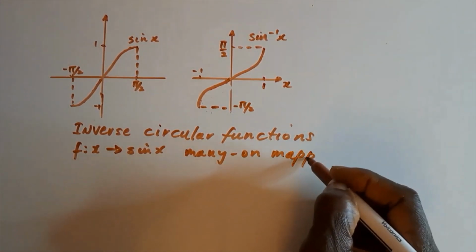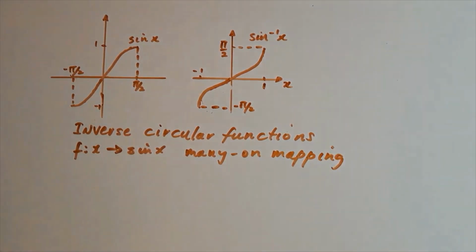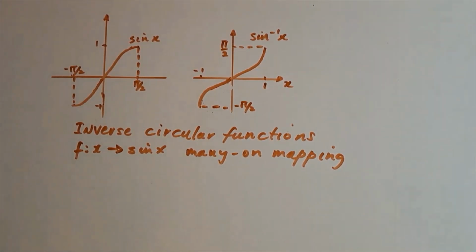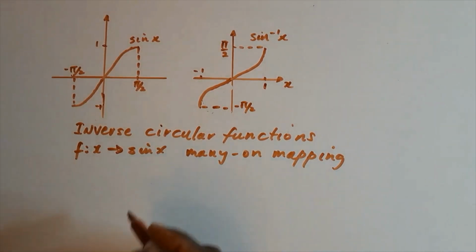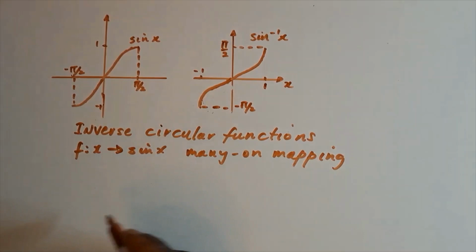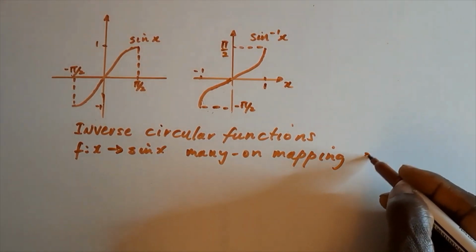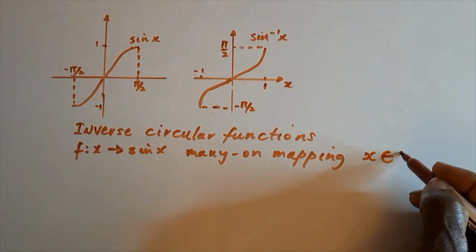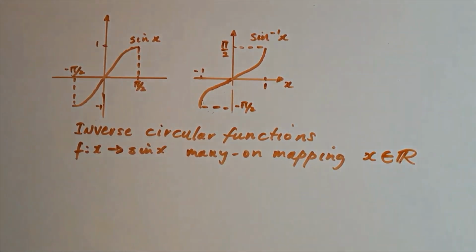And by that I mean it would not get a unique value for each input or independent variable, and conversely you won't get a unique value for the inverse mapping back to the input. So there's no inverse mapping here if you just map x to sine x, using the domain x belonging to the set of real numbers.